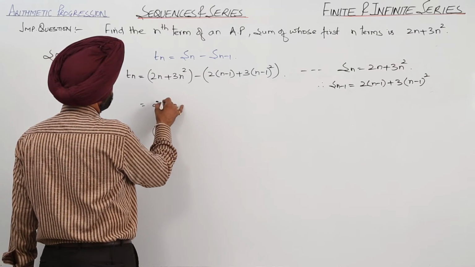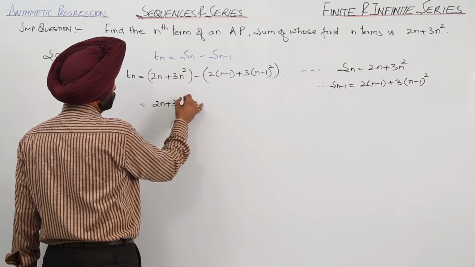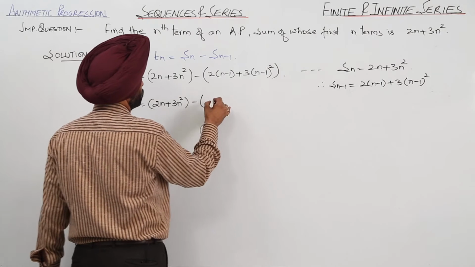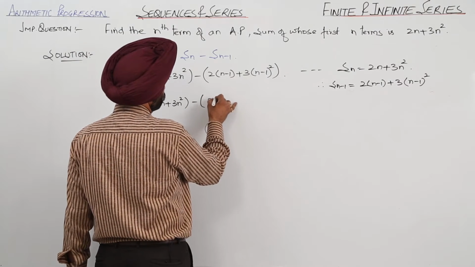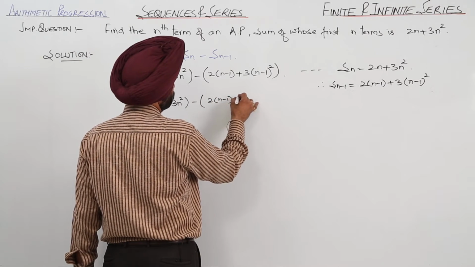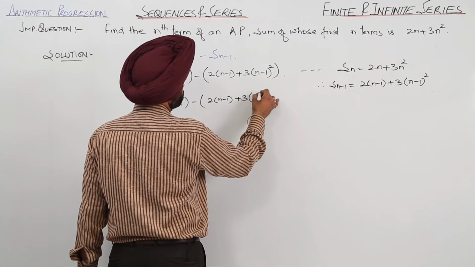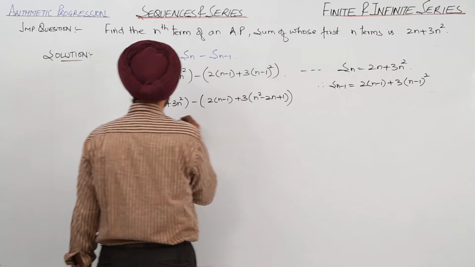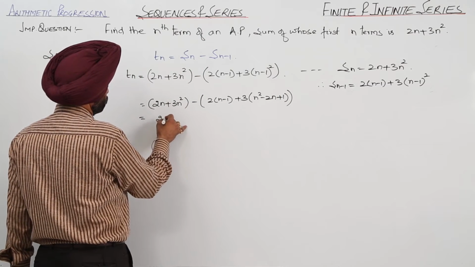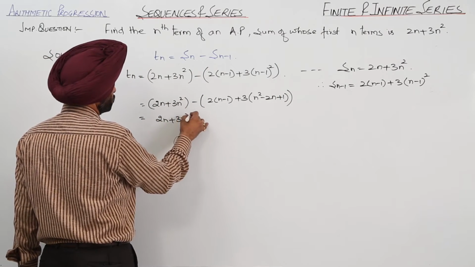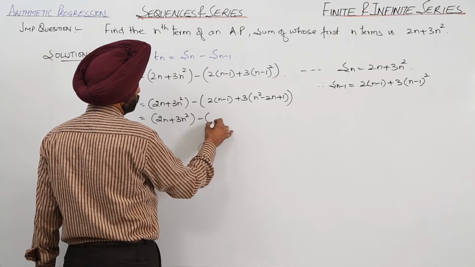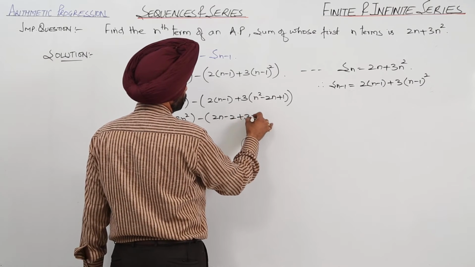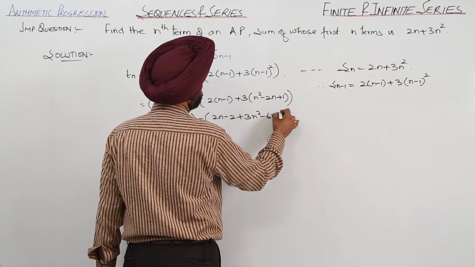We have 2n plus 3n square negative of twice of n minus 1 plus 3 times n square minus 2n plus 1. That is 2n plus 3n square minus 2n minus 2 plus 3n square minus 6n plus 3.